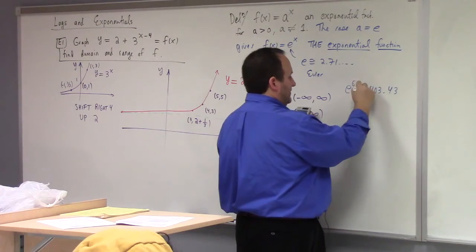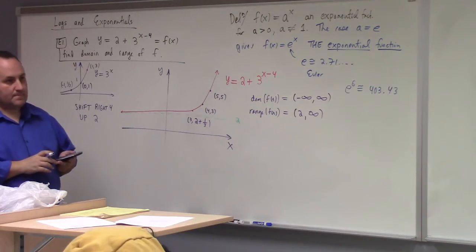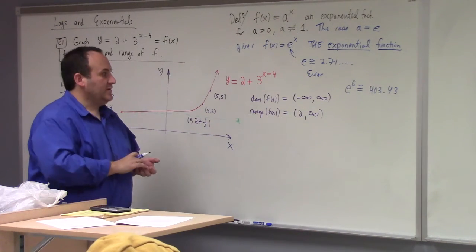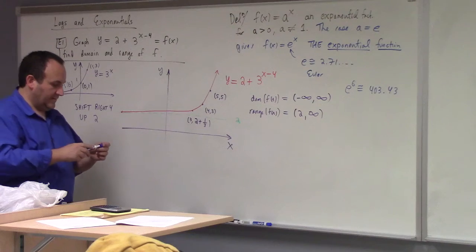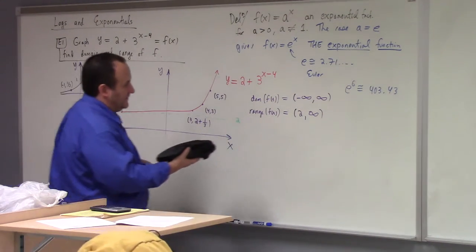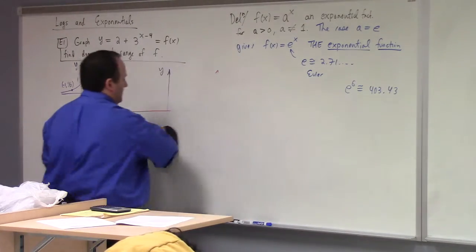So you can calculate e to whatever in your calculator typically. And of course you can also calculate a number to a power as well. So that's the exponential function base a versus the exponential function base e.